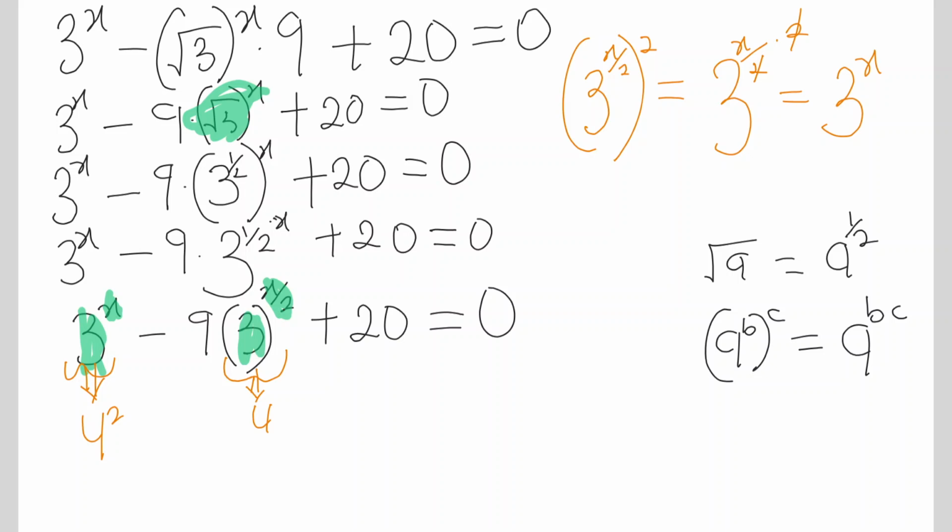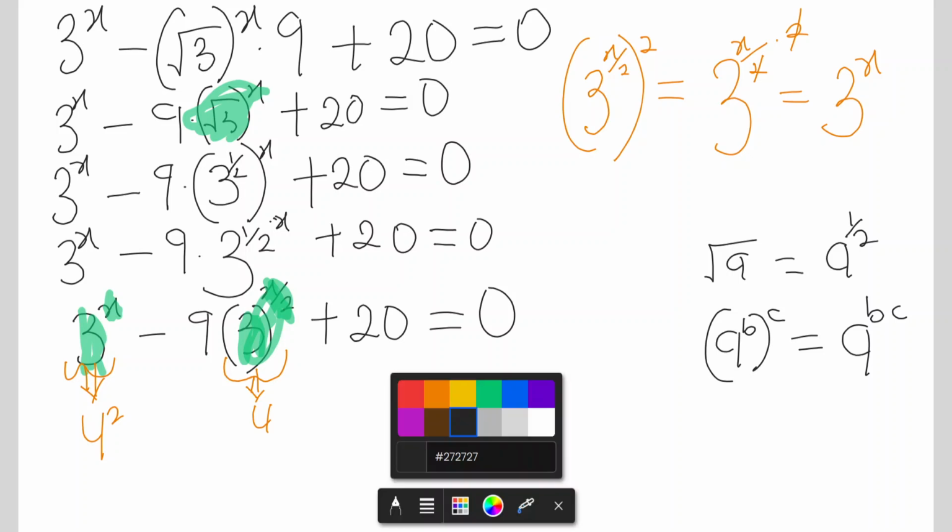So you can see 3 raised to the power of x, whose power x is double of this one, whose power is x over 2. And as such, we can replace 3 raised to the power of x as u squared, while we replace 3 raised to the power of x over 2 as u. And that's what we are going to be doing now.